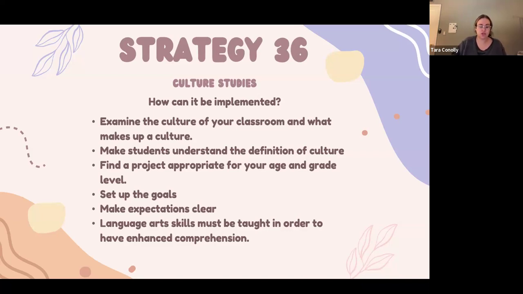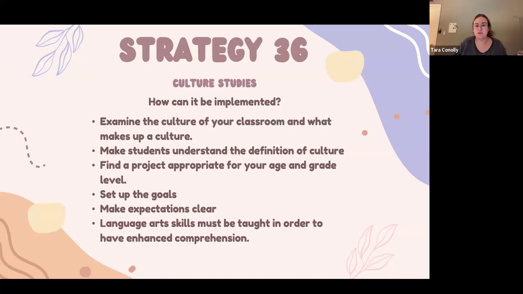Another way to incorporate culture includes designing activities that allow students to explore and present their cultural heritage, such as family timelines, cultural fairs, presentations, and art projects. It is important to find an age-appropriate project and to use existing curriculum and standards to integrate culture studies into existing material.